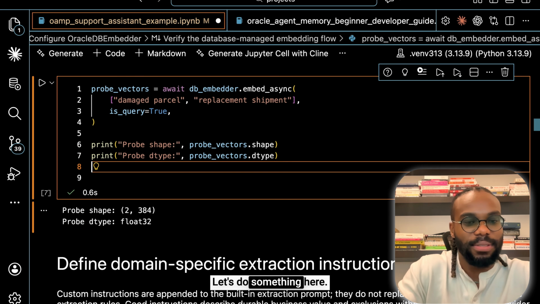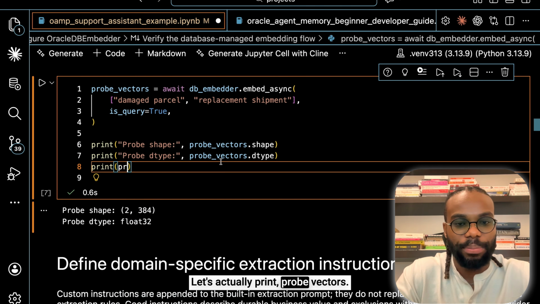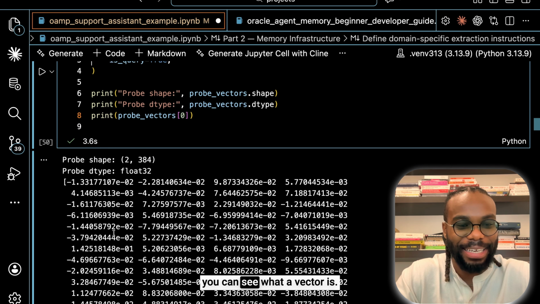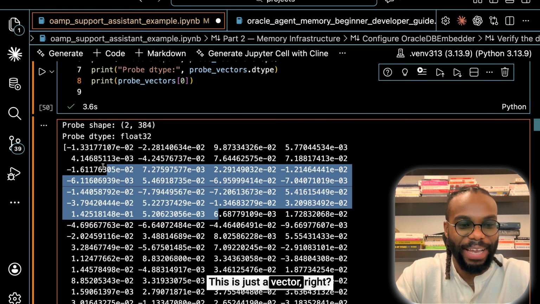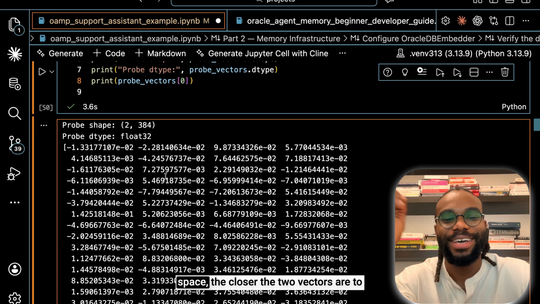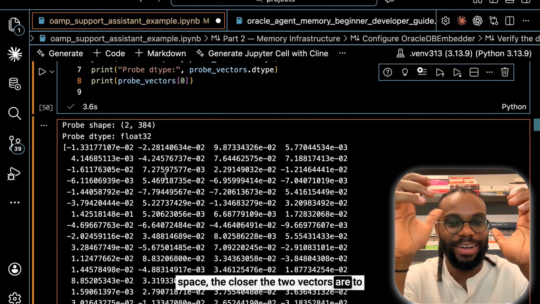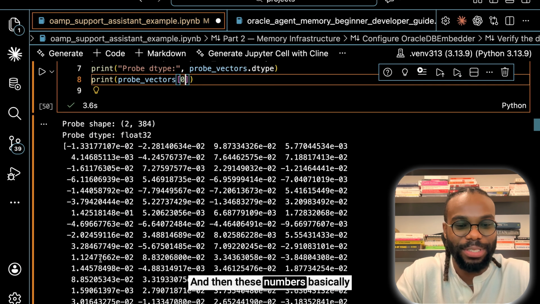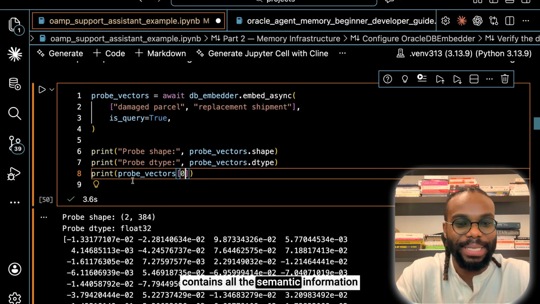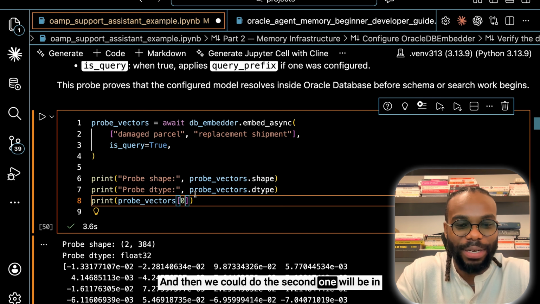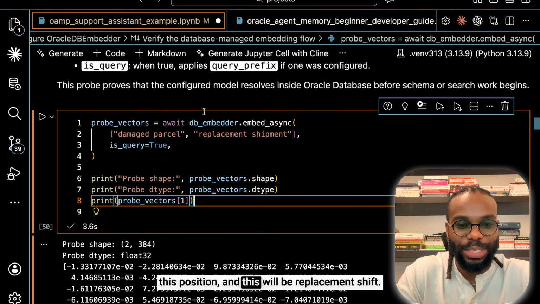Okay, let's do something again. Let's print the probe vectors and see what this returns. Looking at it here, you can see what a vector is. It's just numbers. But when you put it in a high dimensional space, the closer two vectors are to each other, the more similar they are. This first one contains all the semantic information of the phrase damaged parcel. And the second one will be in a different position, and this will be replacement shipment.